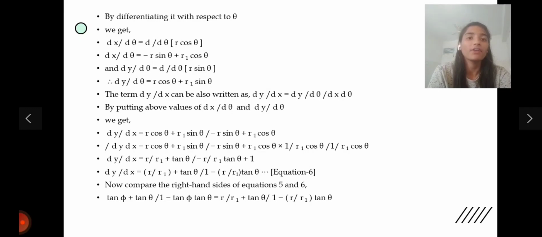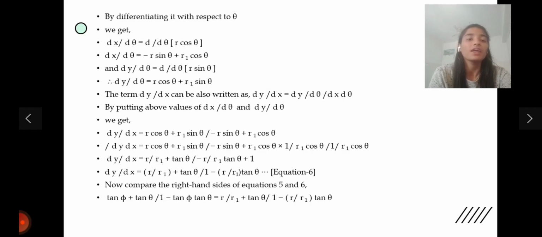Dividing numerator and denominator by r1 cos theta, dy by dx is equal to r by r1 plus tan theta divided by minus r by r1 tan theta plus 1. So dy by dx is equal to r by r1 plus tan theta divided by 1 minus r by r1 into tan theta.